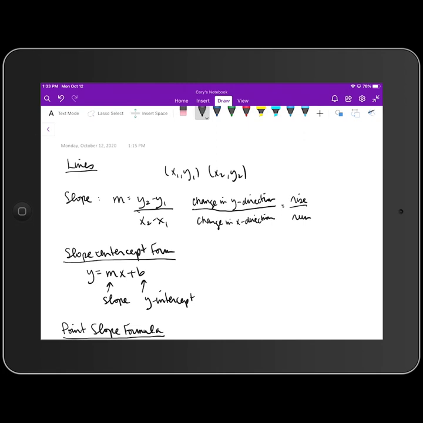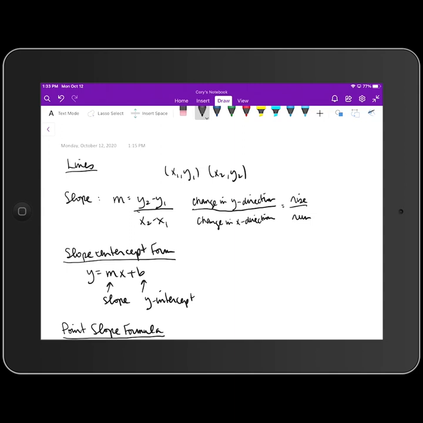And you can think of slope as the ratio of the change in the y direction, which is what y2 minus y1 calculates, over the change in the x direction, which is what x2 minus x sub 1 calculates. Typically in math classes, we call the change in the y direction the rise, and the change in the x direction is going to be the run between our 2 points.